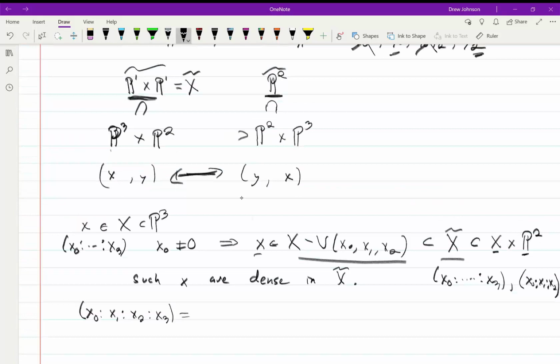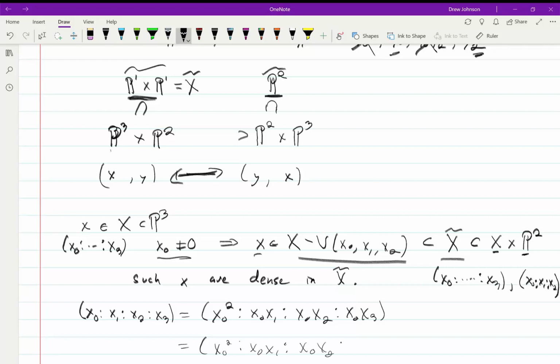Now, since x0 is assumed to not be 0 right here, we can take this point and multiply everything by x0 and still have the same point in projective space, right? Okay, and now I'm just going to rewrite all these coordinates here, except for this last one, x0, x3.